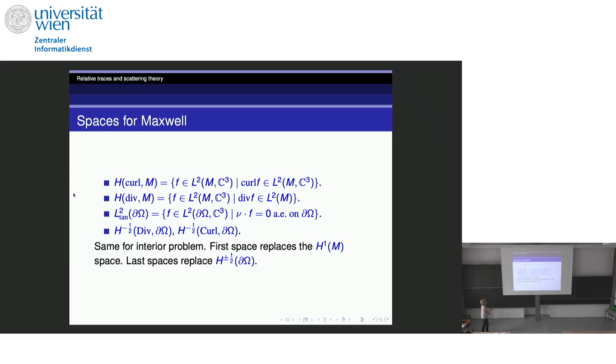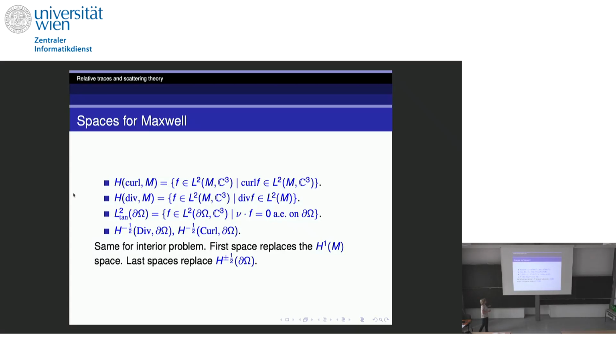The little d's and the little c's are for the whole manifold, whereas the big D's and the big C's are on the boundary, okay? So there's a difference between surface divergence and divergence in the whole space. That's a bit confusing at first. So, all right, we have these technical definitions.